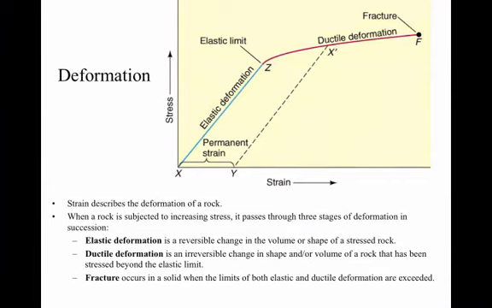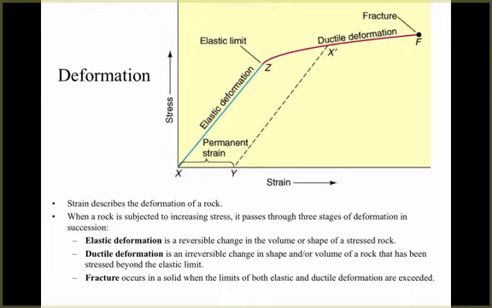When a rock is subjected to increasing stress, it passes through 3 stages of deformation in succession. The first application of stress results in an elastic deformation. These are reversible changes in the volume or the shape of the stressed rock.